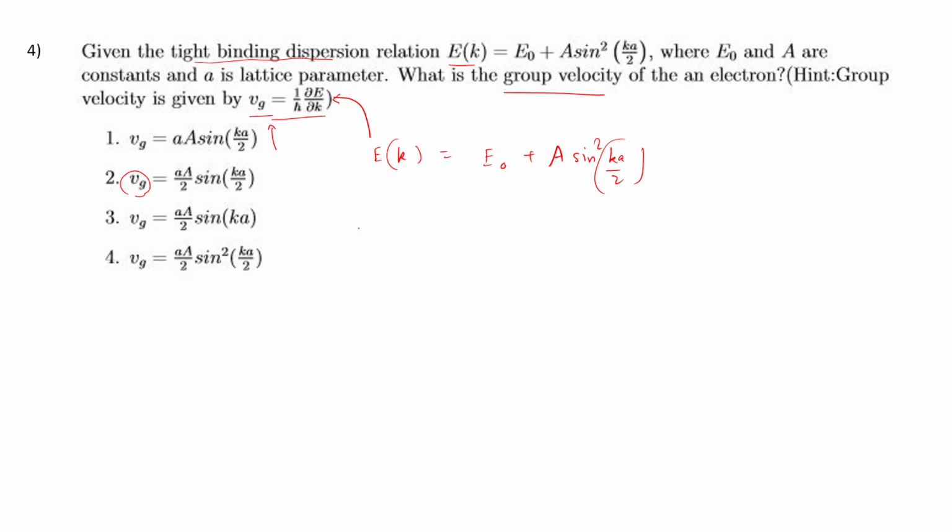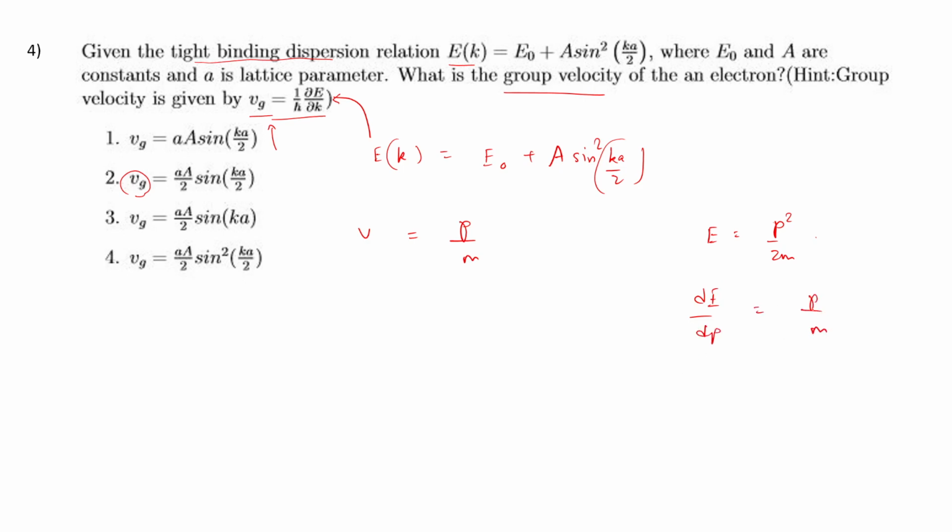We know that velocity is p by m, the momentum divided by the mass. From energy E equal to p square over 2m, if we do dE over dp, what we get is p over m.